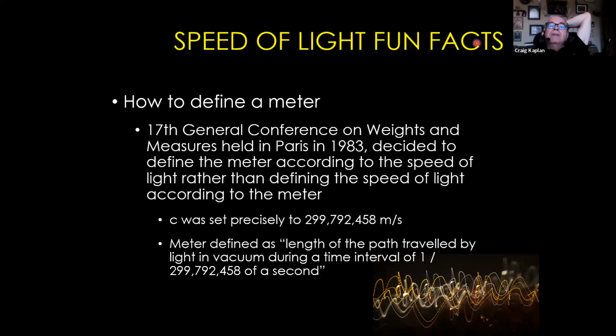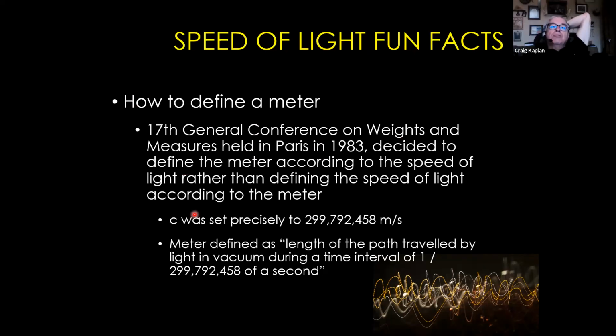So now I'm going to finish with just a bunch of fun facts about the speed of light. It turns out that we are now using the speed of light to define a meter. The 17th General Conference on Weights and Measures, held in Paris in 1983, decided to define the meter according to the speed of light rather than defining the speed of light according to the meter.